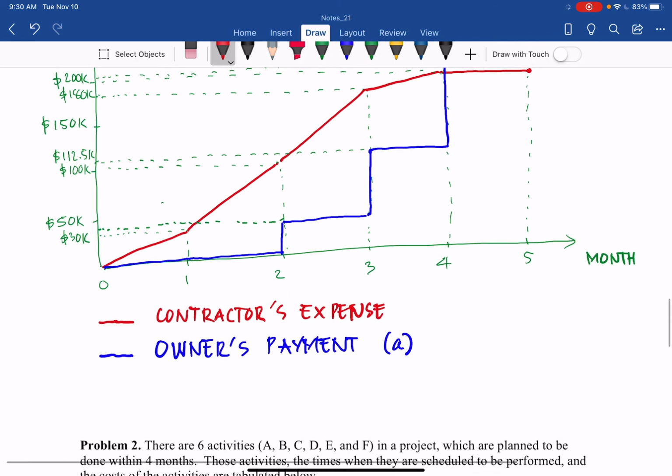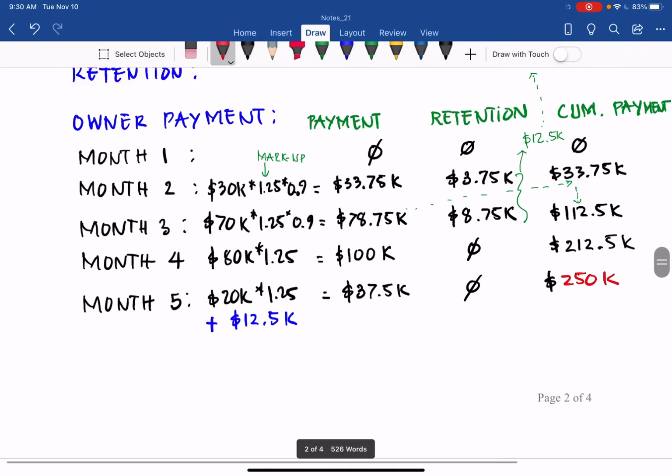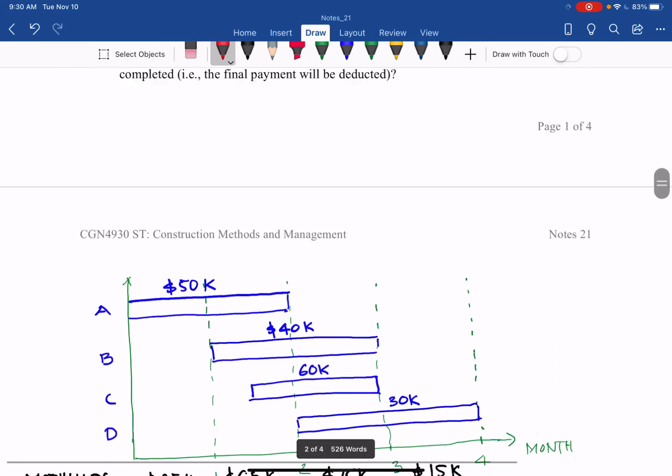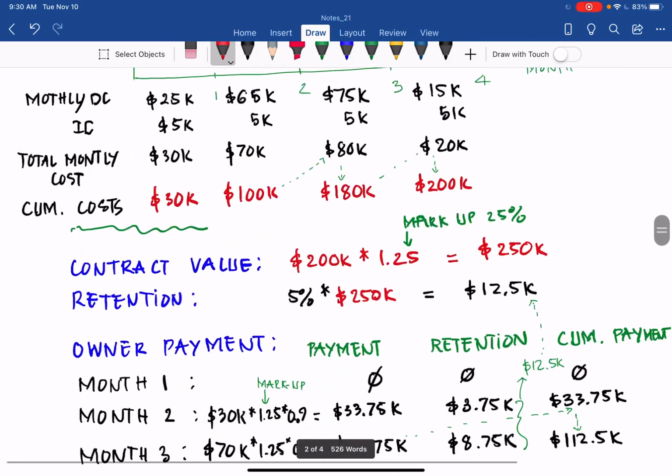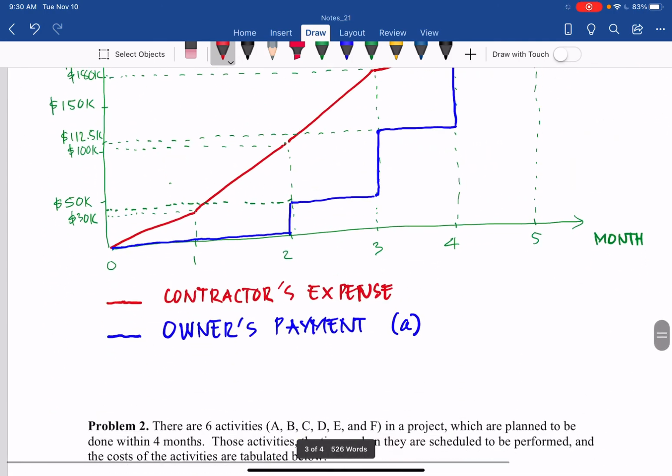Now that's not good because if you don't have money, you cannot run this project until you receive the money. So it's good if the contractor can receive advance payments, in this case 20% advance payment. So for the 250 you take 20% of that, so it will be 50,000. So 20% advance payment is 50,000.